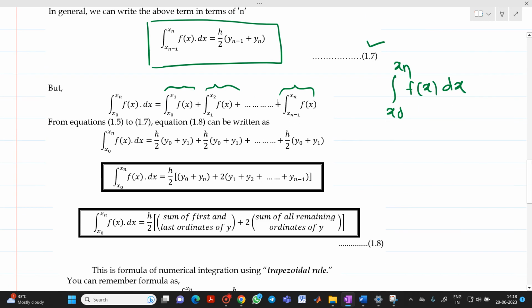After doing it, we get the formula of the trapezoidal rule, which is h by 2 into bracket y0 plus yn plus 2 into the remaining terms. In other words, h by 2 into bracket the sum of the first and last ordinates, that is y0 plus yn, plus 2 into the sum of all remaining ordinates of y.